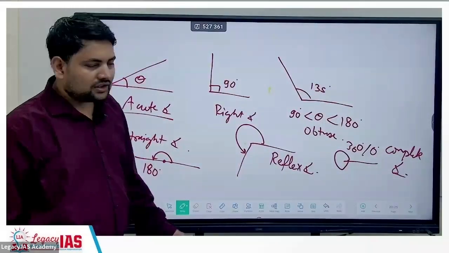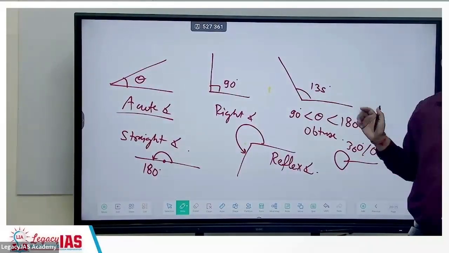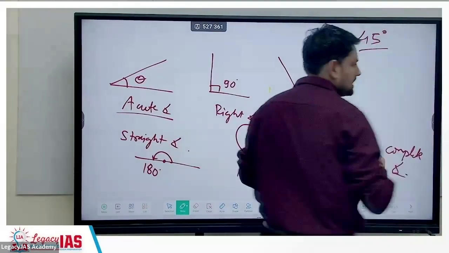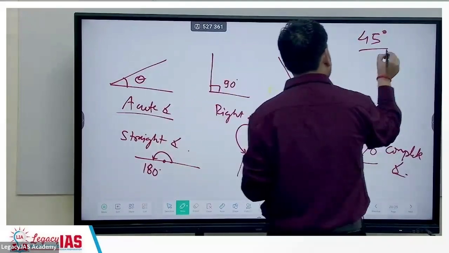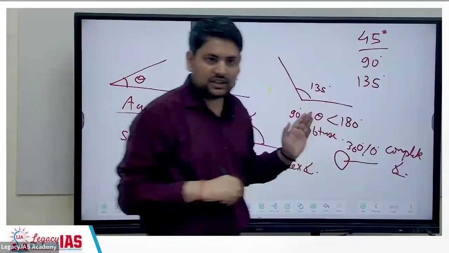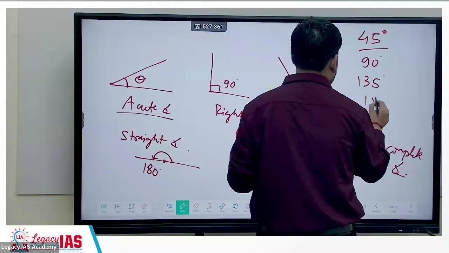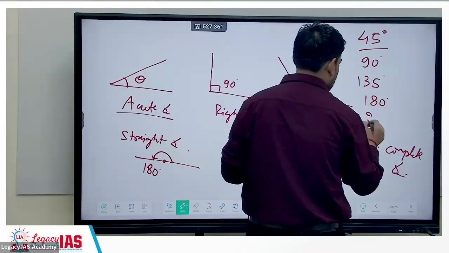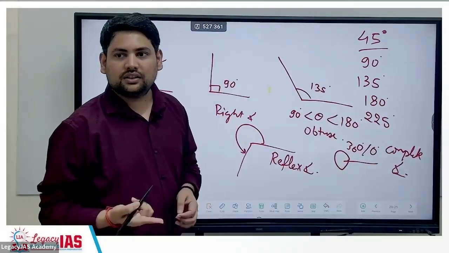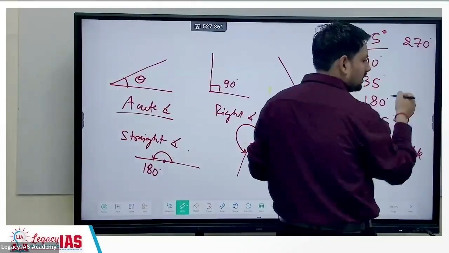Understood? Also, one thing that you should remember is these angles. This is 45, then another angle is 90-degree, then 135-degree. We are adding 45 each time. Then you will reach 180-degree. Then next 225-degree. Next 270-degree.